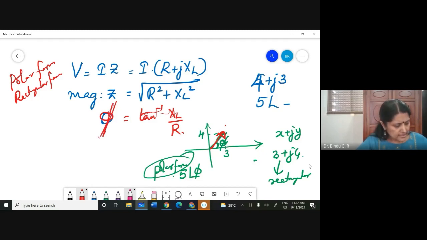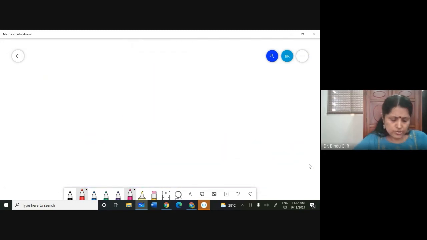If there are any doubts, you have to ask me. Now this phi is a very important concept, because this is the angle phi by which the current is lagging behind the voltage in the RL network. We'll come to this later on also when you do a problem. I hope then it will be much easier for you.